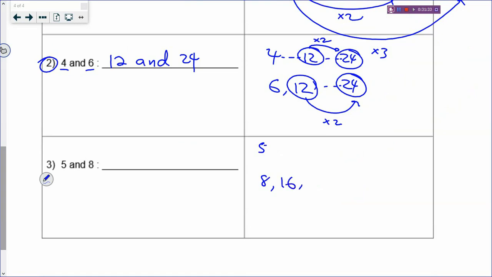Cannot. Go to the next one, 24. 1 times 8, 2 times 8, 3 times 8. Can 24 divide by 5? Cannot. So keep going. Can 32, the next multiple, divide by 5? Cannot. Now 40. Can 40 divide by 5? Can. So 40 is your first common multiple.